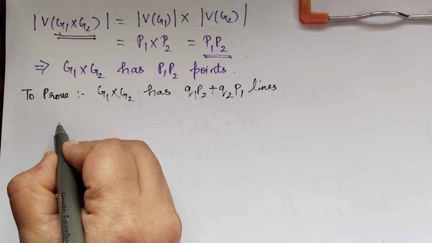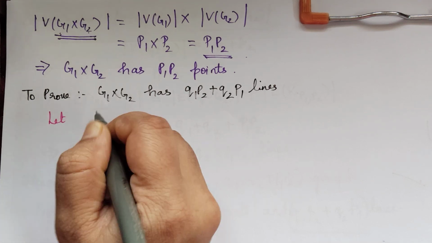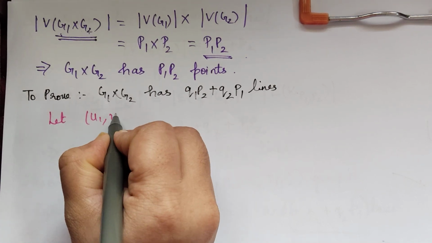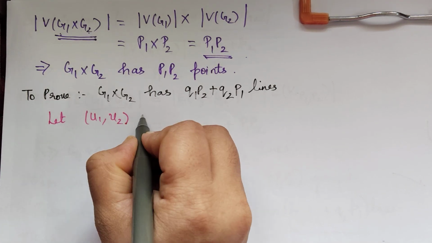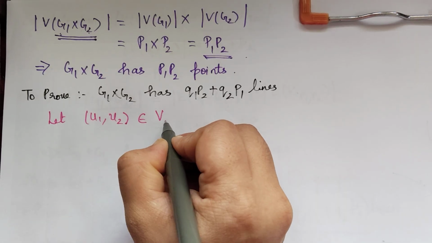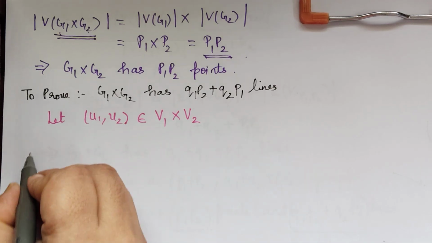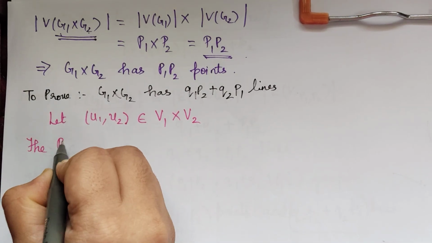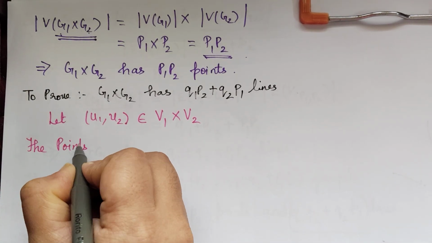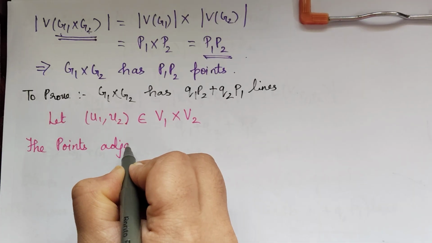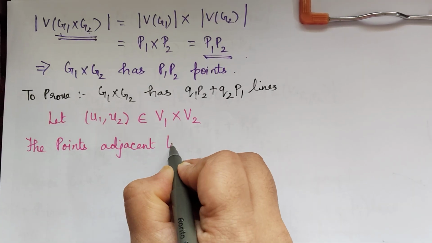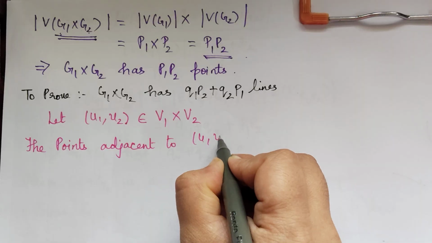Now in order to prove this, let us take the point u1 comma u2 to be an element of the product of the vertex sets, that is v1 and v2. So what are the points adjacent to u1 comma u2?